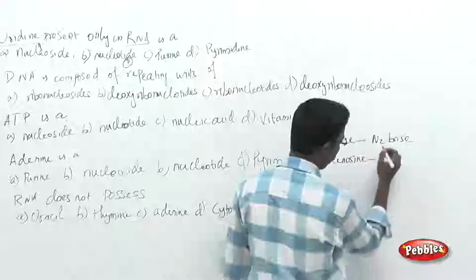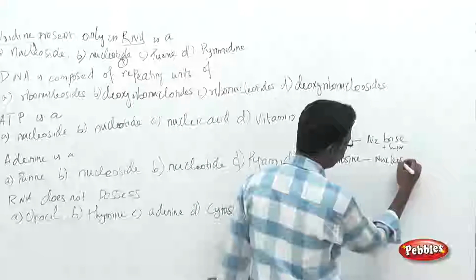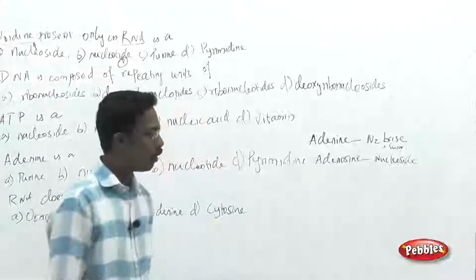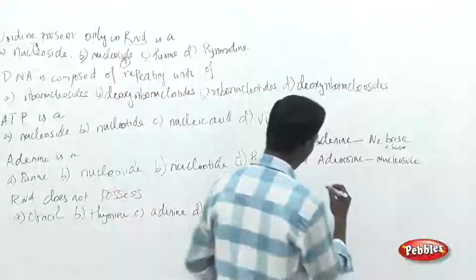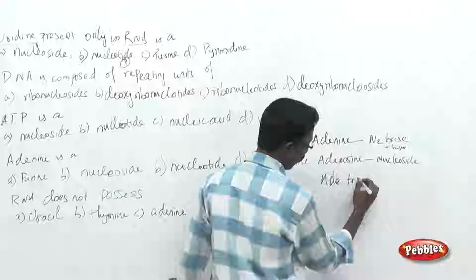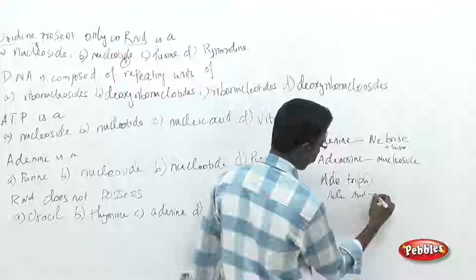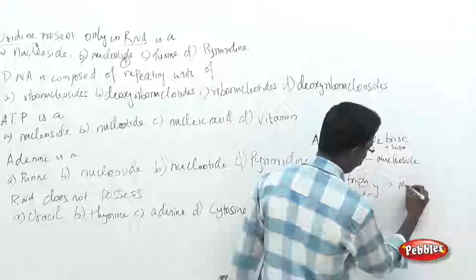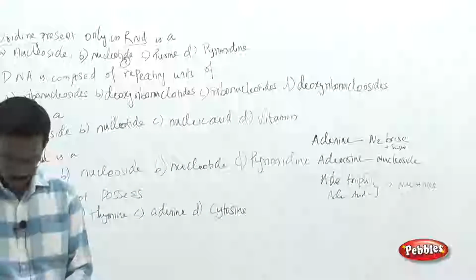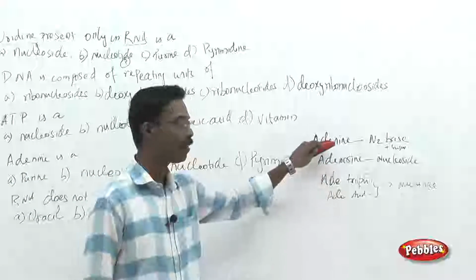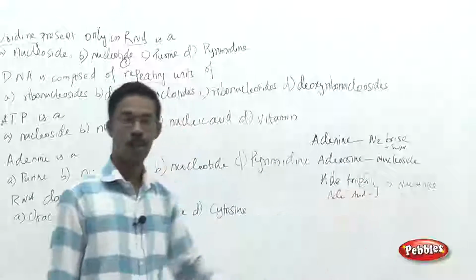This refers to nitrogenous base plus sugar, that is a nucleoside. Then what about the nucleotide? Here you have to use the term adenosine triphosphate or adenylic acid. These two terms refer to a nucleotide. So there are slightly different terms we use for nitrogenous base, nucleoside and nucleotide.